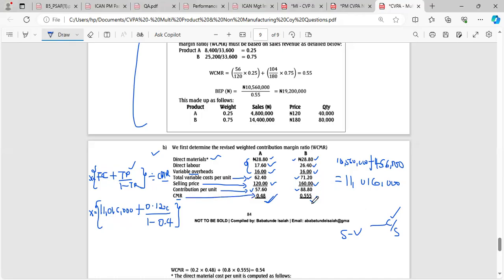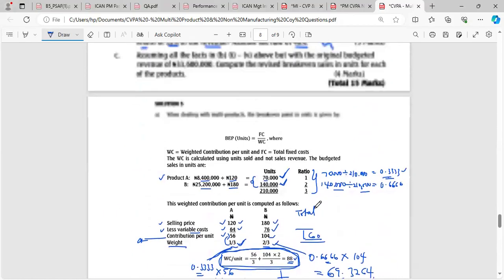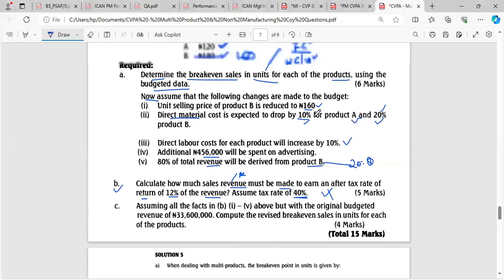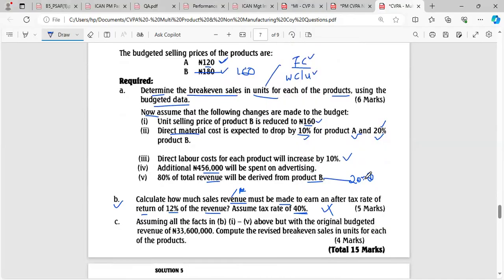0.48 and 0.555. So let us now multiply it. 0.48 multiplied by 0.2, plus 0.555 multiplied by 0.8. How do I get it? Remember our sharing, our mix. The mix is 20:80.